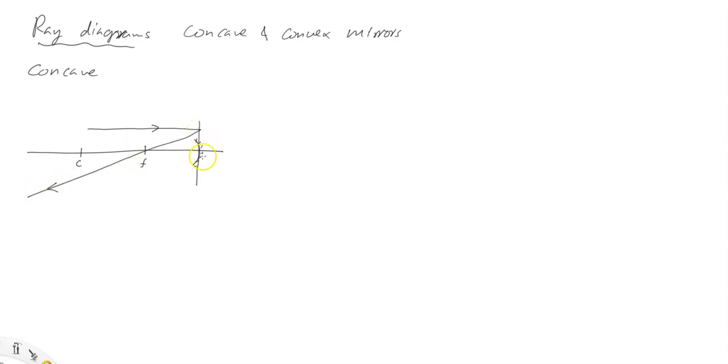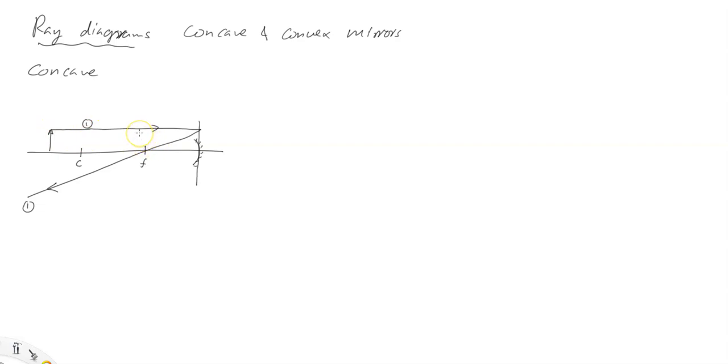So this has to be straight lines. This is number 1: one that comes parallel reflects and goes through F. Number 2. It is like there is some object over here. You can see there's an object here, so it's emitting this line.